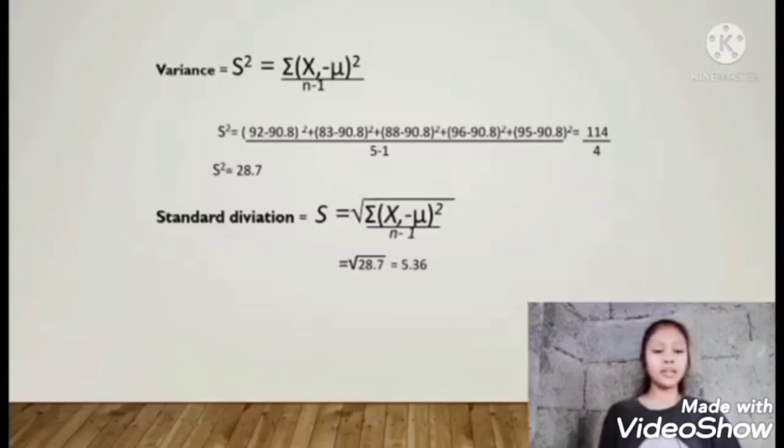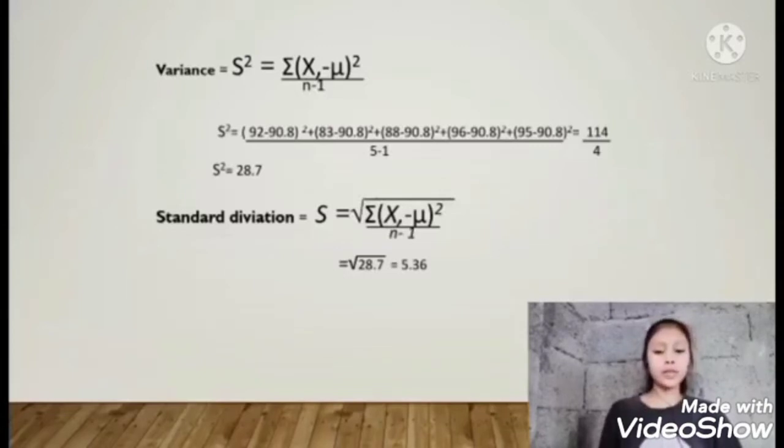We divide it by n minus 1, so our n is 5 minus 1. When we add it all, it is 114, and 5 minus 1 equals 4. So when we divide the two, 114 divided by 4 equals 28.7. So, our variance is 28.7.